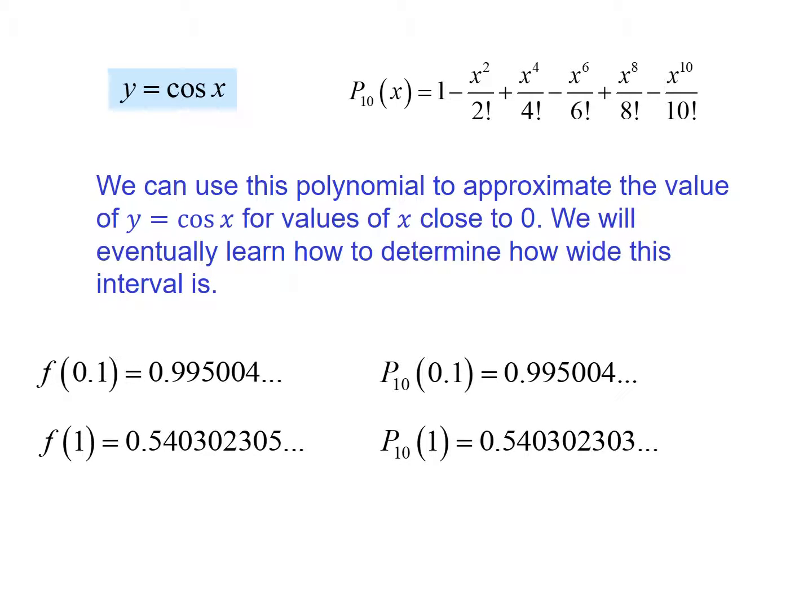The actual function value is 0.540302, the polynomial 0.540302, and we're not off until out at the 9th decimal place, which is incredibly accurate. And if we go even further out, go out to 4, you can see it's still a pretty good approximation. Cosine is negative 0.653, the polynomial negative 0.685, just off by 0.02 or 0.03.